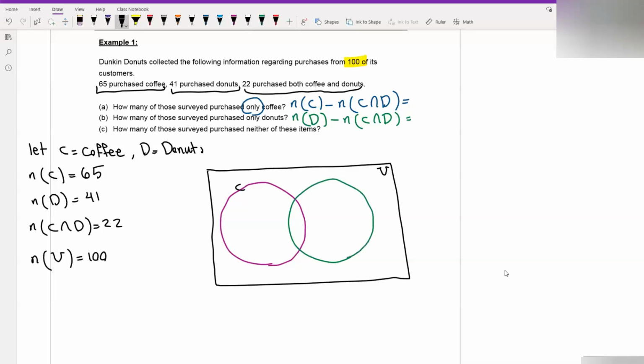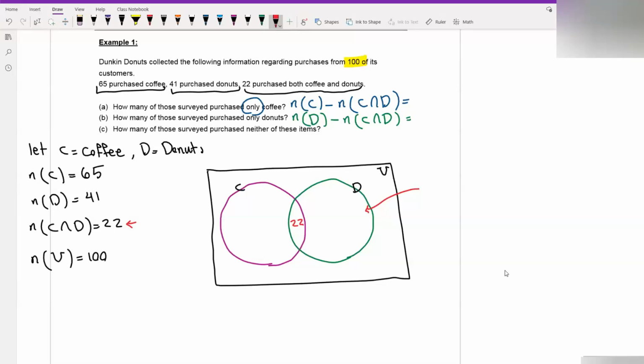So this one is for coffee, this one for donut. First, starting with what you have in common, 22 here inside, between. So we did that part. Now, the number of elements that are in D. Total, we have 41, but I want to find what is left.